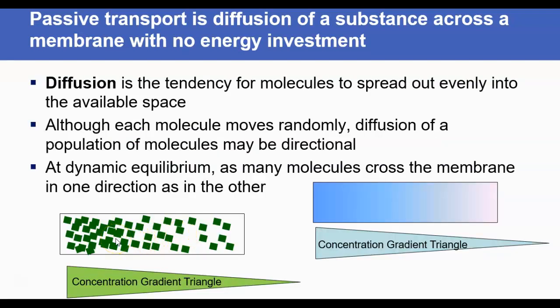This is something that you already know just based on your life, that you can have a high concentration and you can have a low concentration. Concentration means how much there is of a thing in a particular space. And this concept of diffusion is the tendency for molecules to spread out evenly in available space.